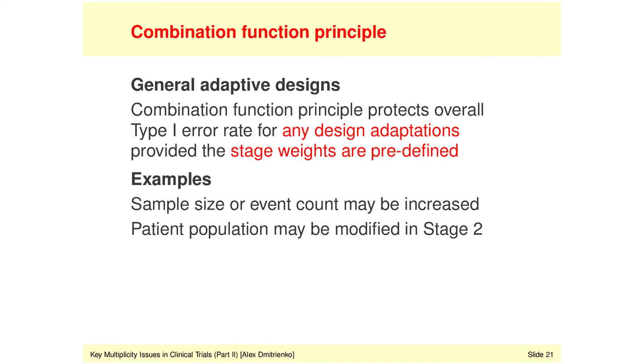Well, this is where the combination function principle really shines, because it's been shown that the combination function principle protects the overall type 1 error rate for any design adaptation, provided that the stage weights are predefined. In simple terms, all a trial sponsor needs to do is to first pre-specify the stage weights, then run the analysis, compute the stage-wise p-values, and finally apply the predefined combination function to perform inferences at the final analysis. In this case, the overall type 1 error rate will be protected.